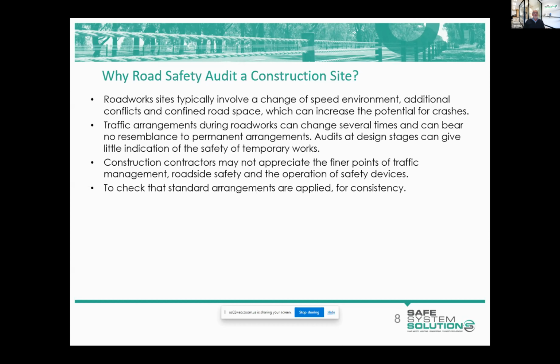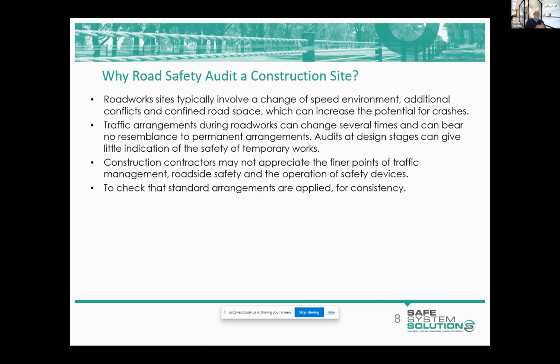Again, I'll repeat that we give that advance warning. We manage the speed of the traffic for the safety of the workers and the travelling public. We guide the traffic through that site, whether that's through cones, bollards, temporary crash barriers, whatever it may be, delineation, using all different signing that is available to us.